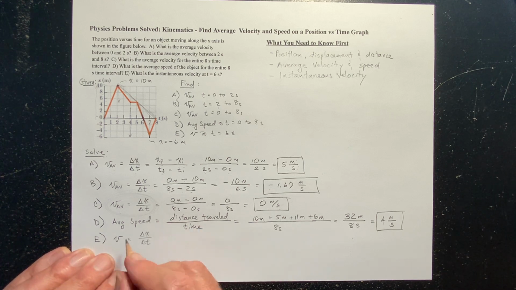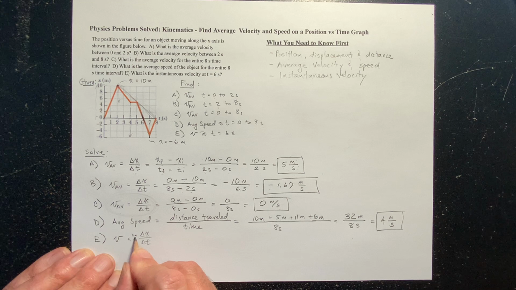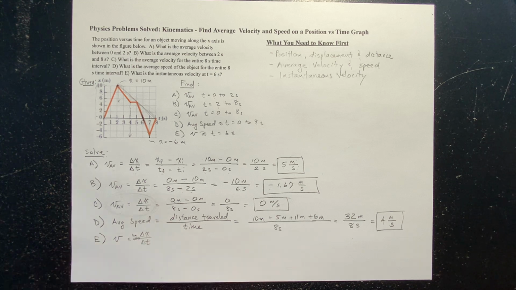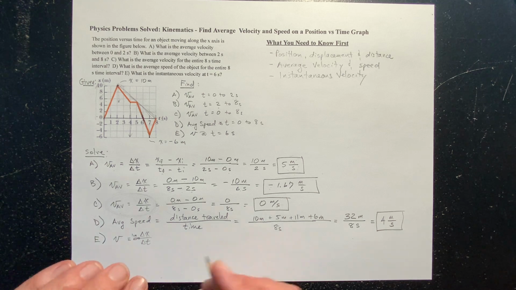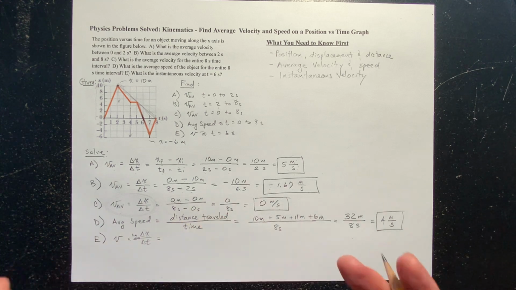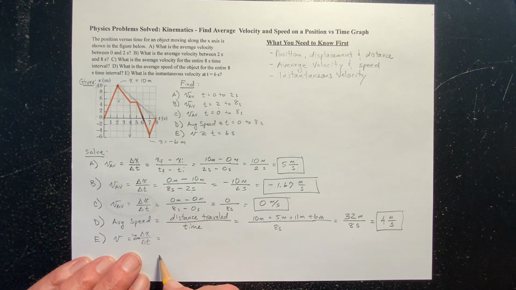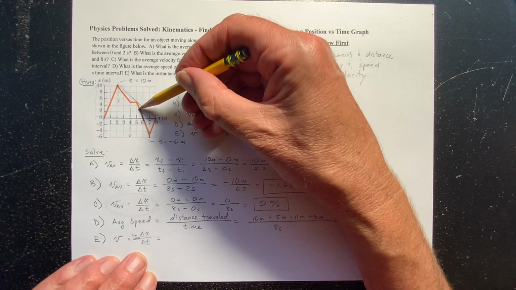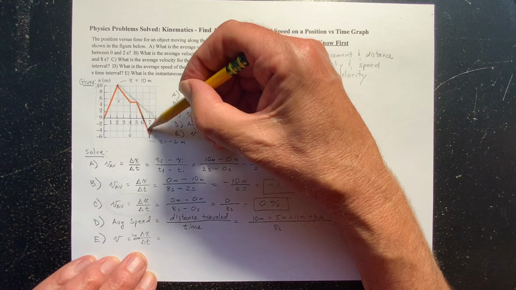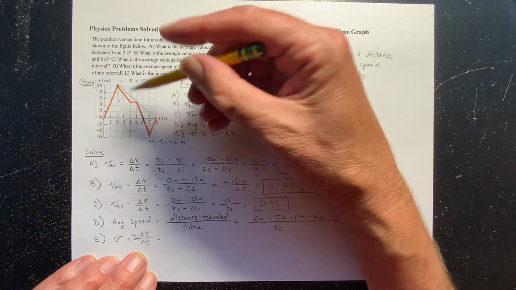Now this has the limit as delta t goes to 0. You know, the official definition of instantaneous velocity is this limit thing. And I'm gonna make another video about how to take derivatives and what they mean and so on. But for this problem, what you can do is just take the slope of the line that this landed on.